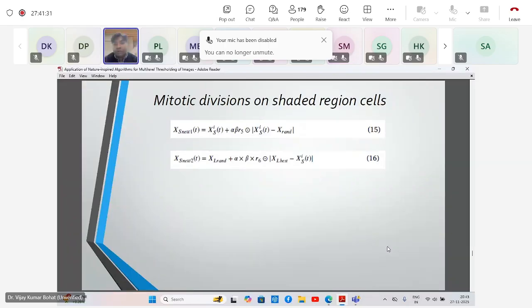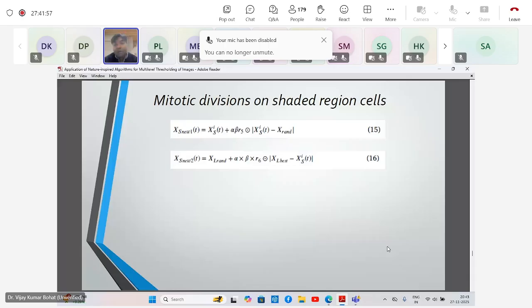So we take mutation into consideration. How do we take mutation into consideration? We consider a light region cell, which is comparatively better than the shaded region cell. They have more movement in them. So X_L rand means we randomly consider a light region cell, then alpha beta R6, and then X_L best, the best value of the light region cells.